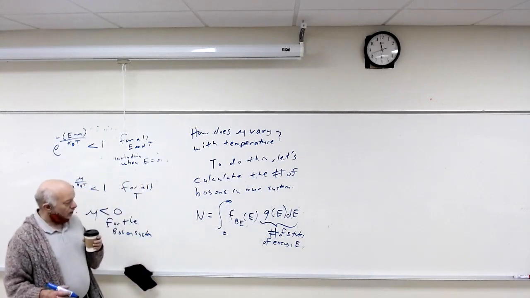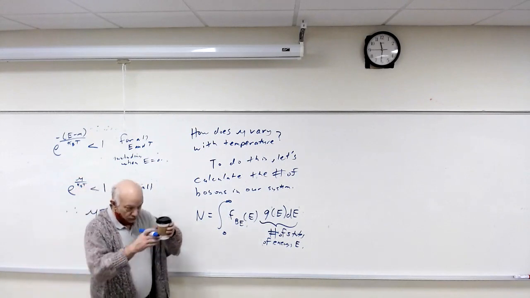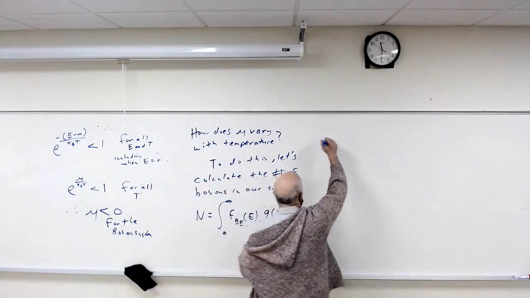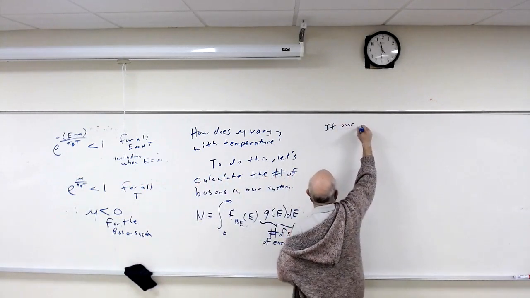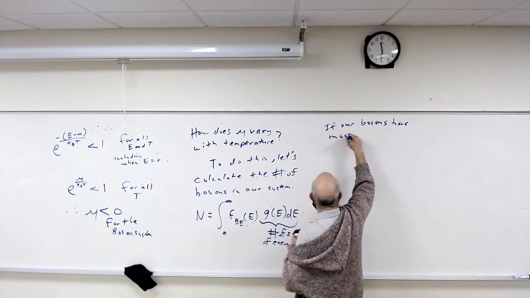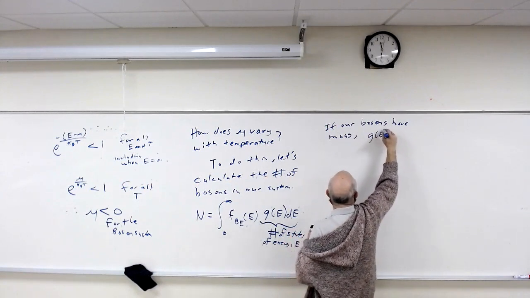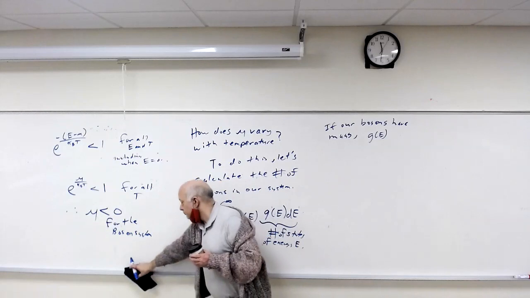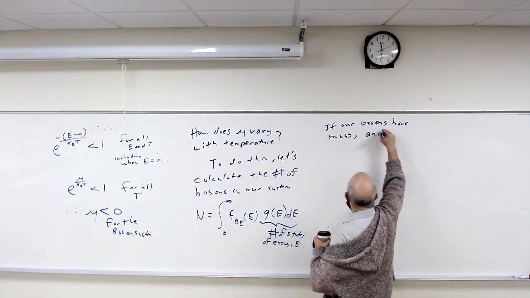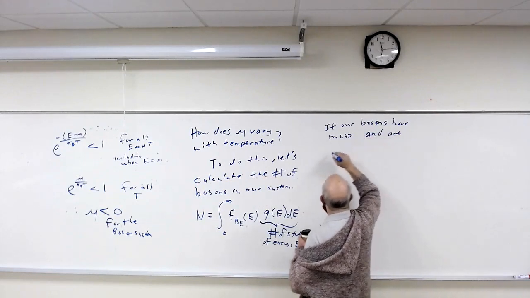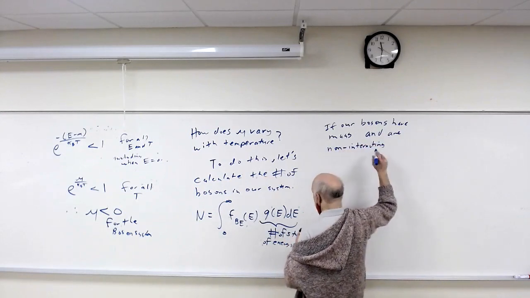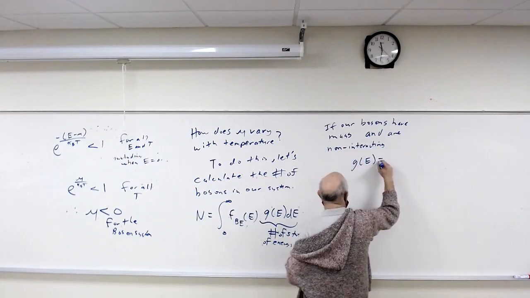Okay. Now we're going to assume that we have a particle with mass, and we're going to assume a cubic box, so we can use our friend C E to the 1/2 here. So if our bosons have mass, and are not interacting, which we're assuming, we can say that this g(E) is that constant C times E to the 1/2.